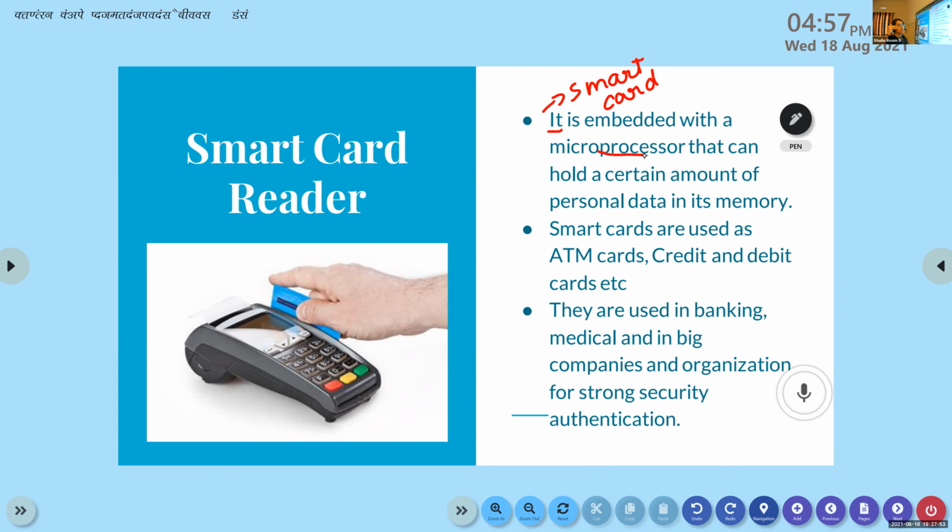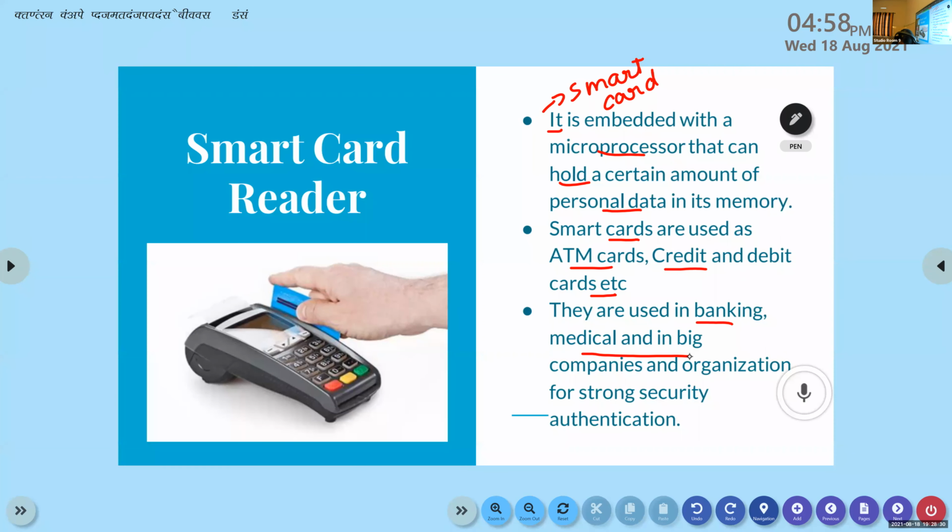So in a smart card, a microprocessor is embedded in which it holds a certain amount of personal data in its memory, right? And we used to use smart cards as ATM card, credit and debit card, isn't it? Whenever we want to shop anything, we will use that, right? Yes. So they are basically used in banking, medical, and in big companies. Okay.